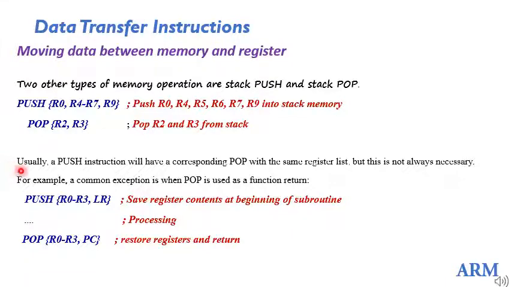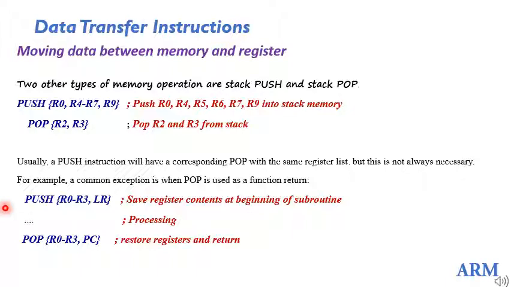Usually, as I have told you, the push instruction will have a corresponding pop with the same register list. For example, if you are pushing R0, then there should be a pop R0. Suppose you are calling a subroutine, and in that first you push R0 and then you push R1. When you are popping back after the subroutine is over, it should be in the reverse order.